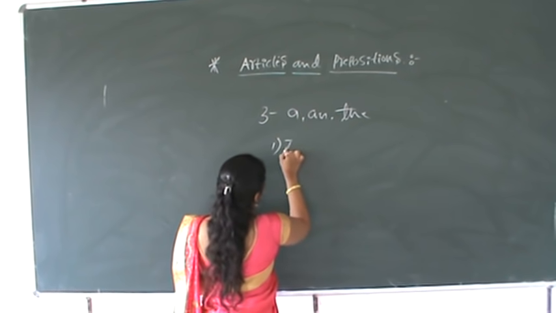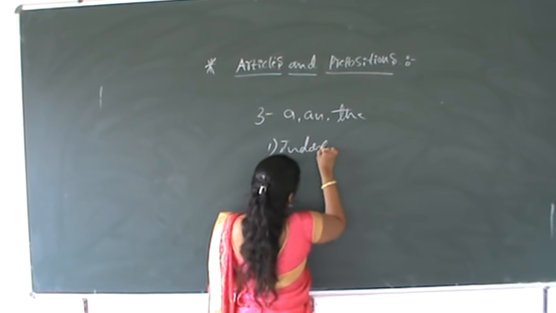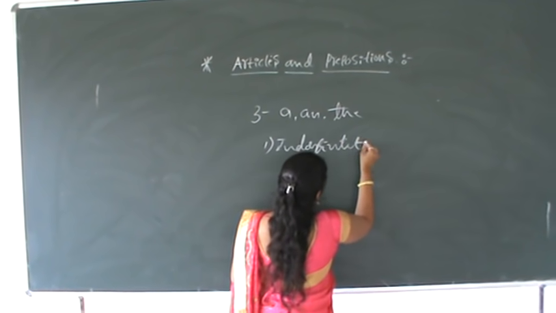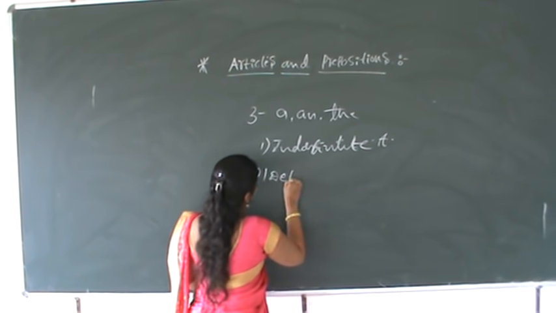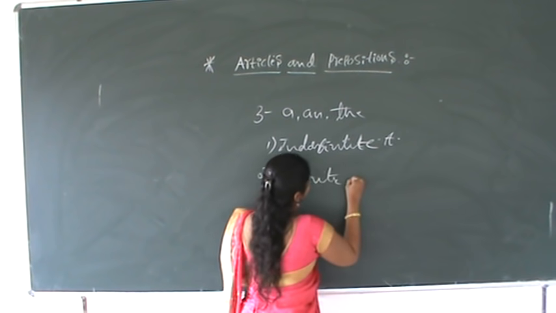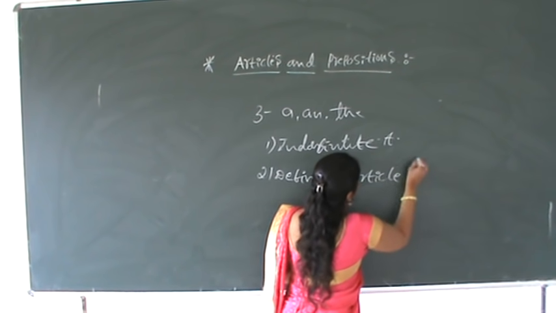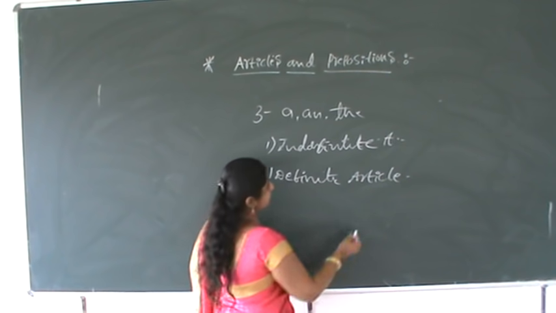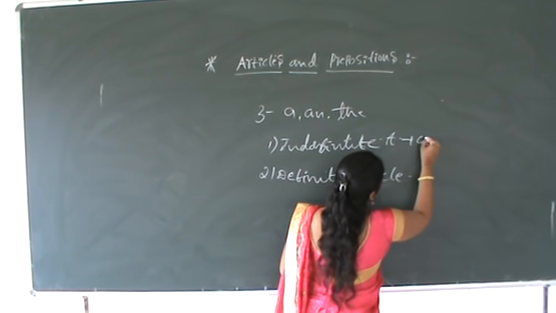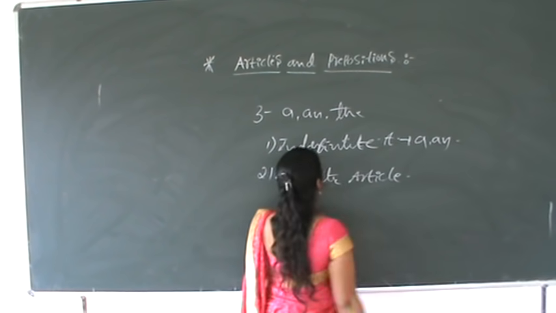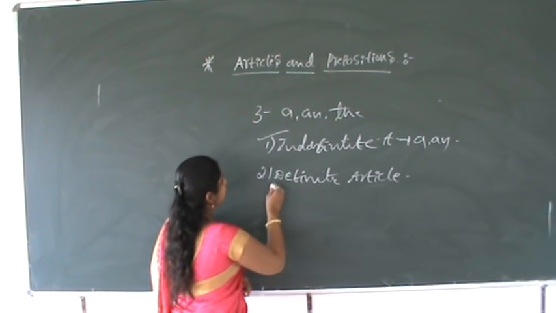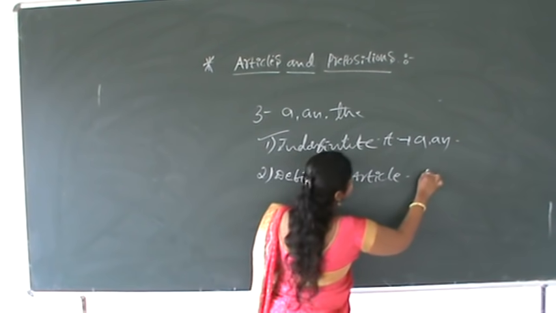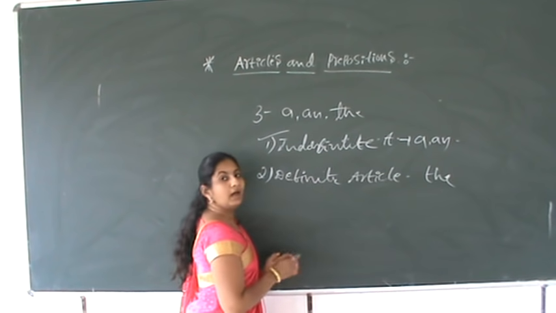One is the indefinite article, and another one is the definite article. A and an are called indefinite articles, and the second one, the, is called the definite article.